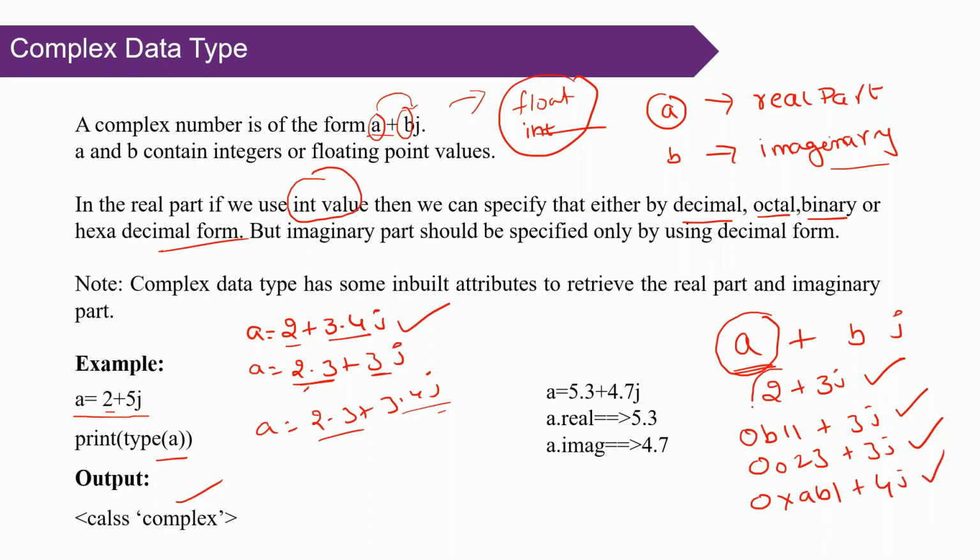That means here the real part is either a decimal number, a binary number, an octal number, or a hexadecimal number. You can take any of them. But at the time of execution, whatever the type you have given, all are converted into decimal.